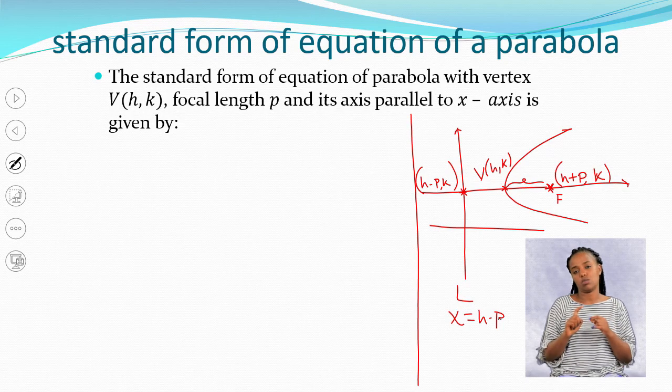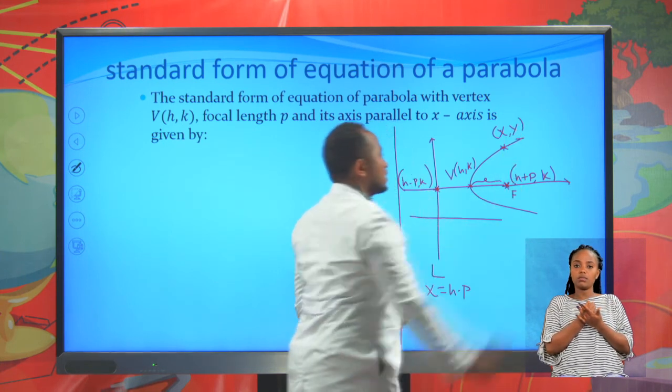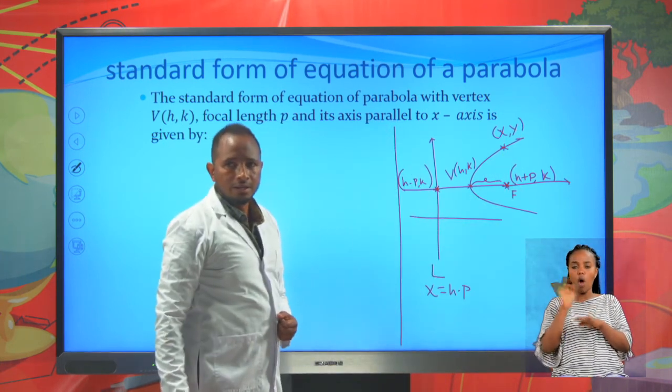To write the equation of this parabola, you take an arbitrary point on the parabola.